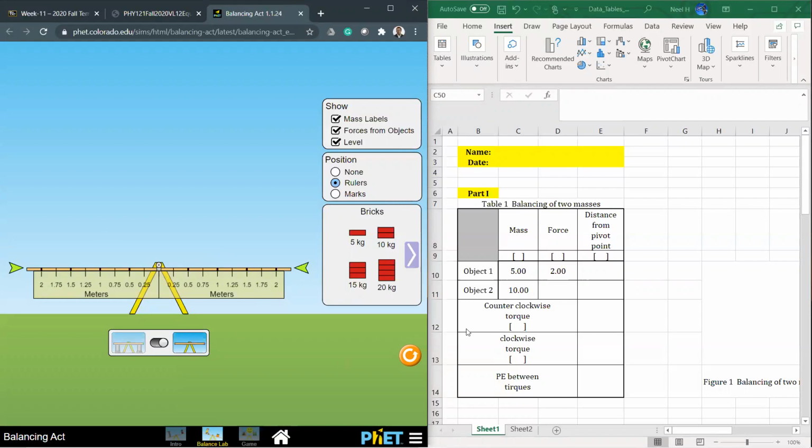Let's take a quick look. Let's use a 5 kilogram mass. You can apply the units to the mass. Force generally is going to be in Newtons then, right? Let's apply the 5 kilogram mass at about the 2 meter location.